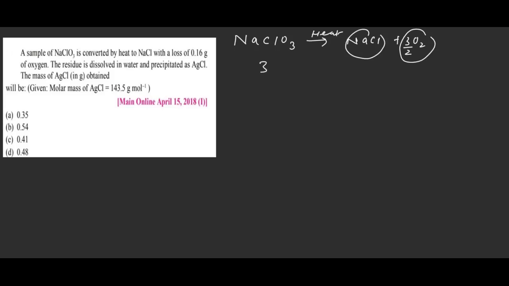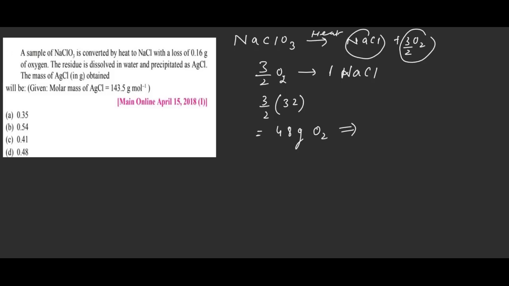That means 3 by 2 O2 is equivalent to 1 unit of NaCl. Okay, 3 by 2 O2 means how many grams of O2? Now O2 is 32, so 3 by 2 into 32 gives you 48. So 48 grams O2 is equivalent to 1 NaCl unit, and 1 NaCl unit will give you 1 mole of AgCl.